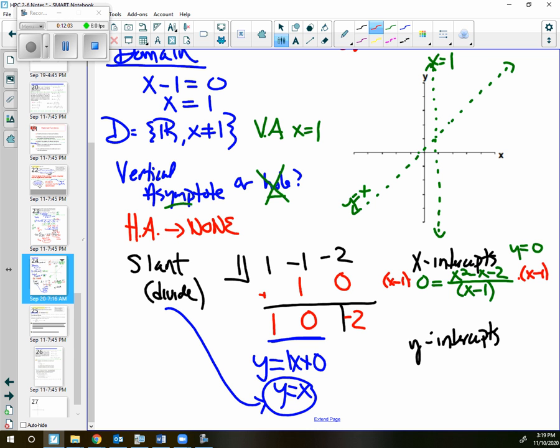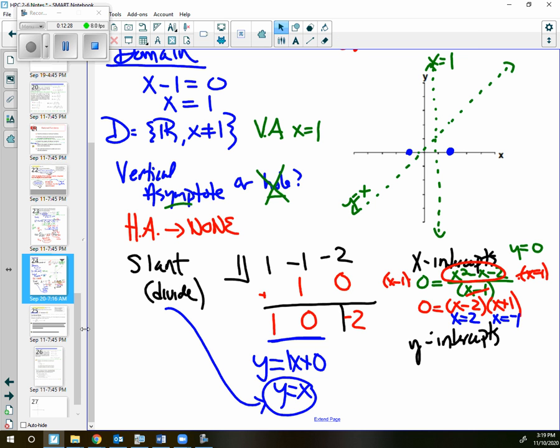What a lot of people realize is it doesn't really matter what the denominator is. 0 times anything is still going to be 0. What you're looking at is actually this numerator, right? That's what's going to matter. And I'm going to go ahead and write it in the factored form that we have already done because that's going to help me find my intercepts a little bit quicker here. So what would be my x values then? Looks like 2 and -1. So x equals 2 and x equals -1 are my x-intercepts.